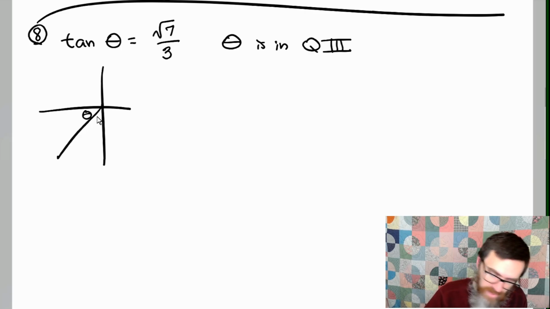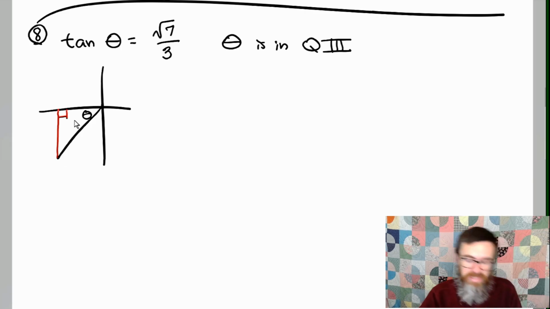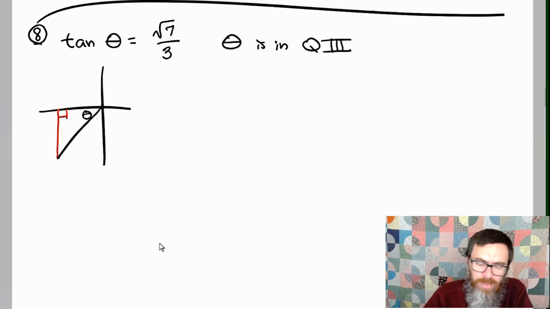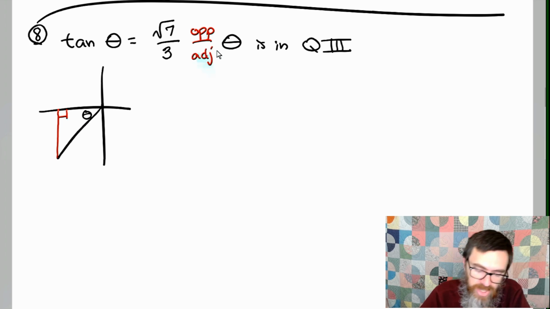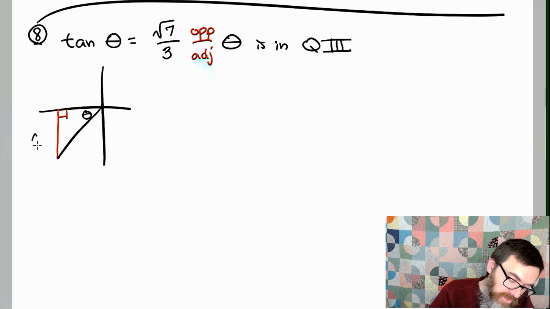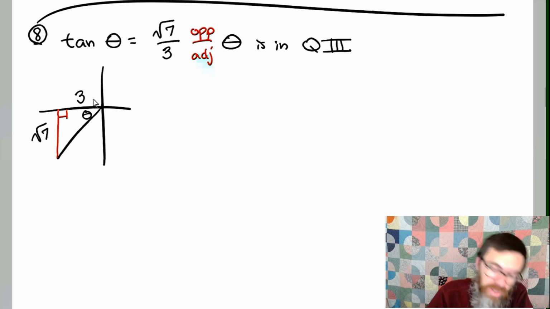So my theta is right here. Draw my triangle. All right, so remember tangent, SOHCAHTOA, that's going to be opposite over adjacent. So in my diagram, the opposite side is the square root of 7. The adjacent side is 3.